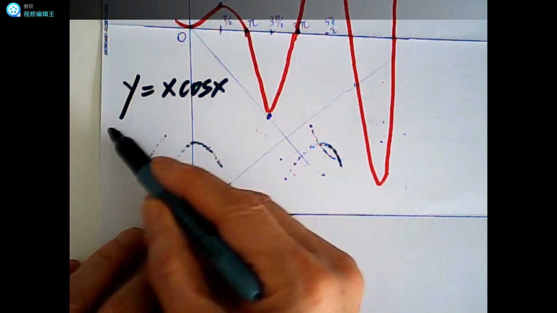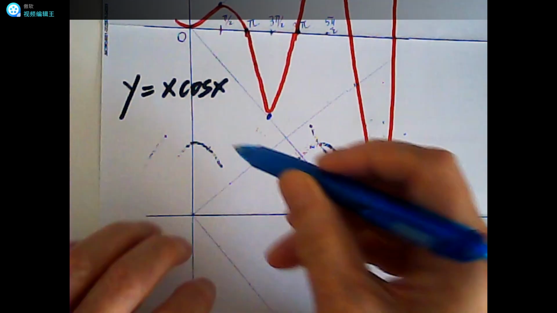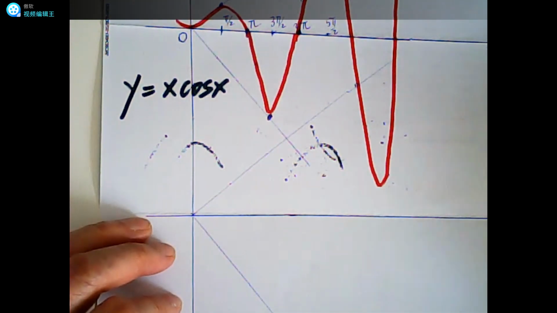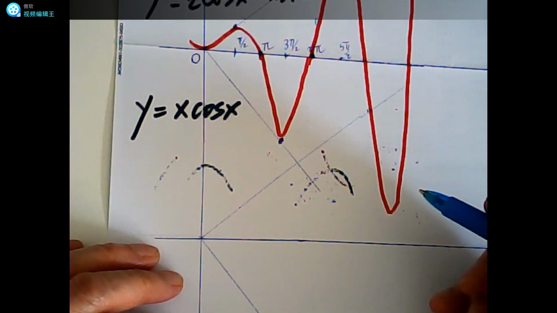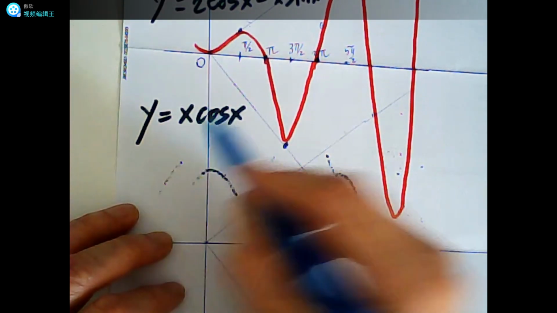Now, for this particular function, we just grasp some main points. When x equals 0, y is 0, right?